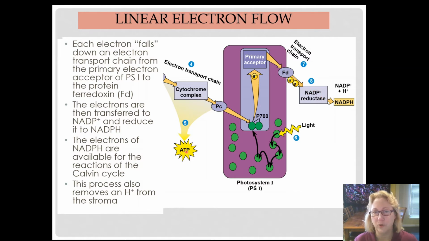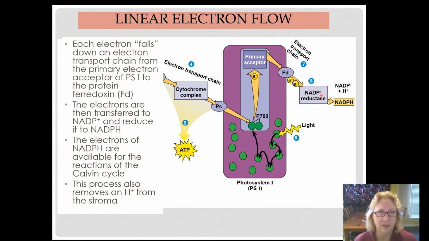So we have two forms of energy now as a result of the light reaction. So Photosystem 2 and Photosystem 1, that's where the light reactions are occurring. And energy is resulting from these reactions: ATP and NADPH.